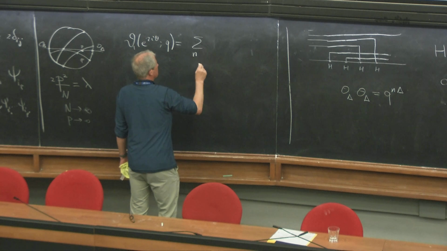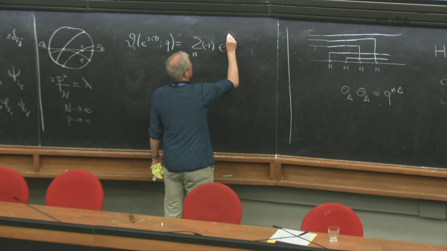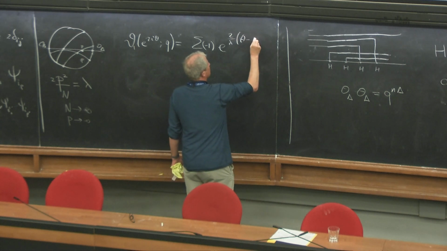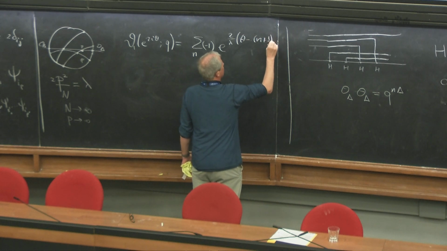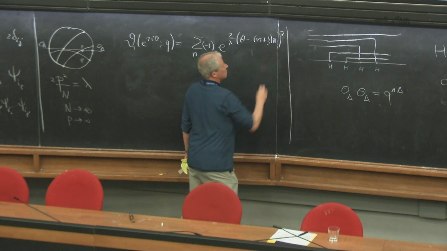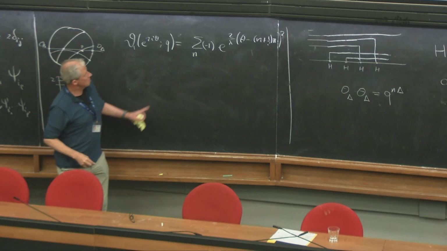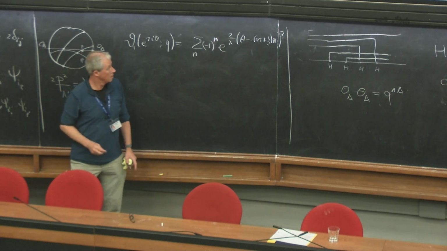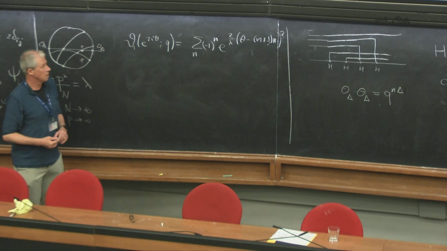It's a sum over all integers, minus 1 to the n, e to the 2 over lambda, theta minus n plus a half pi, right? Something like that. So it's a periodic Gaussian. Yeah, so I think you answered my question.